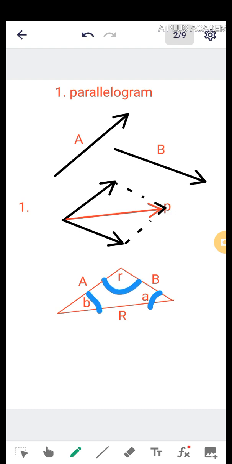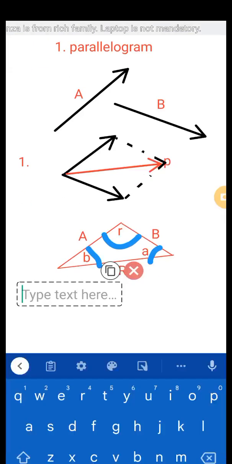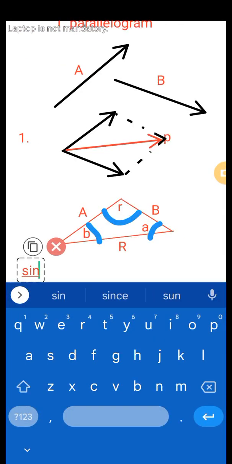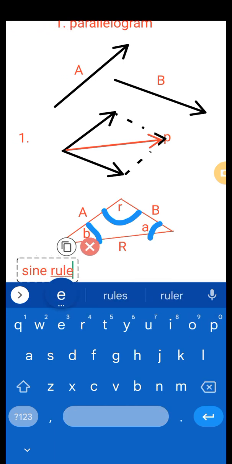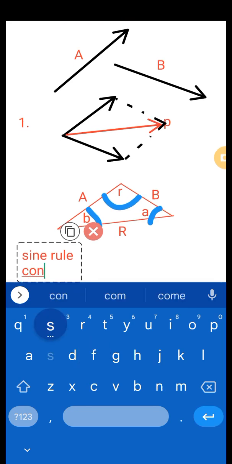Those are the angles which we have. To apply the triangle rules, we have the sine rule and the cosine rule.